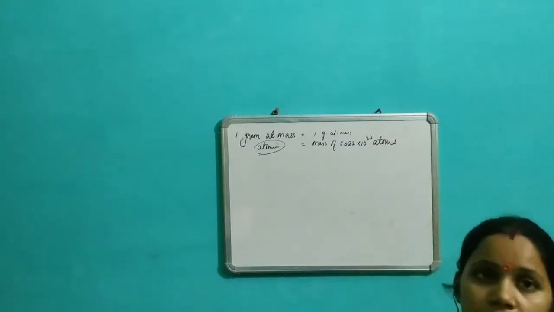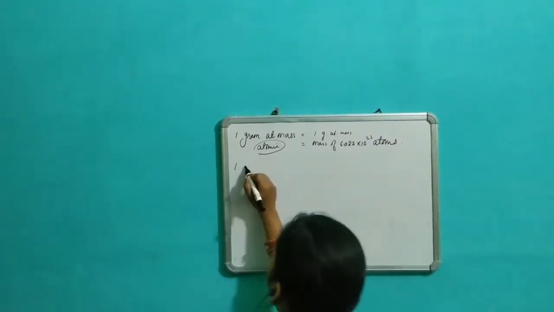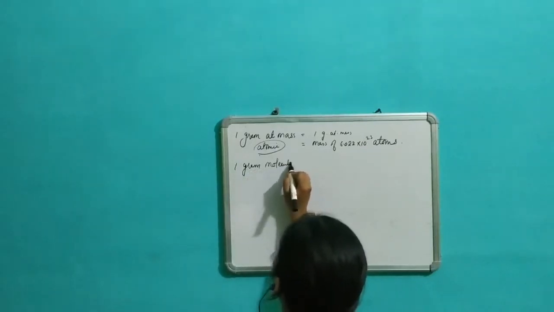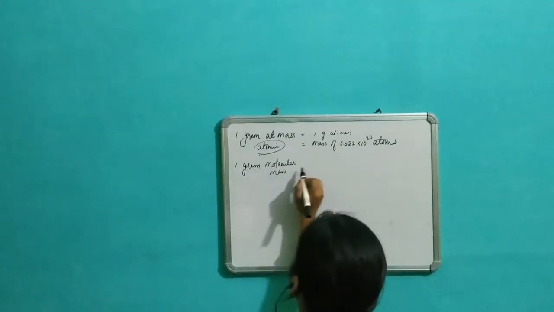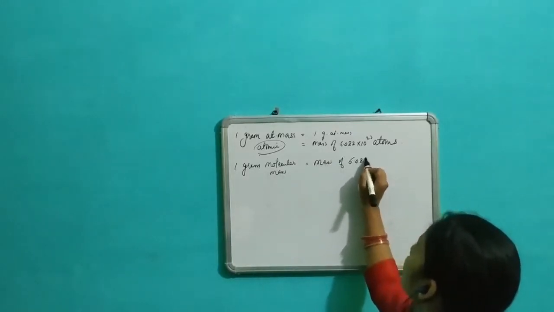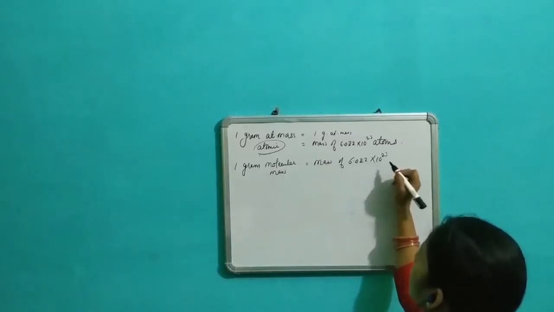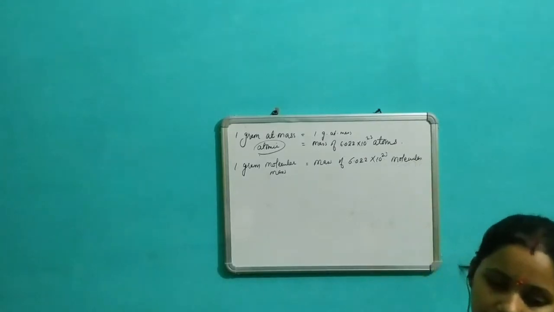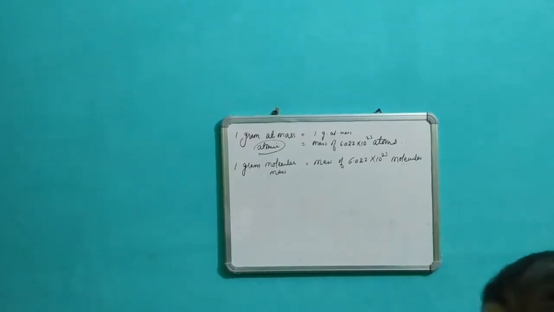If I say 1 gram molecular mass, then it will be equal to the mass of 6.022 × 10^23 molecules of any substance.